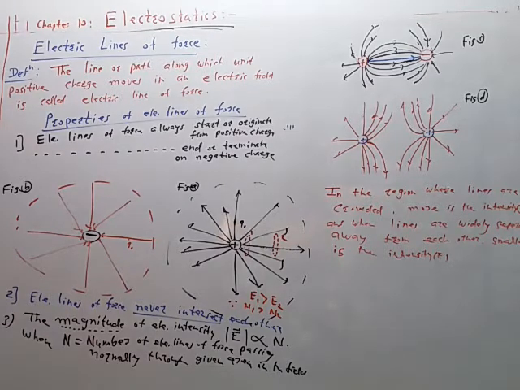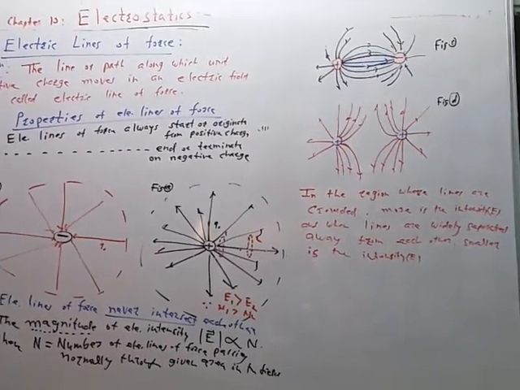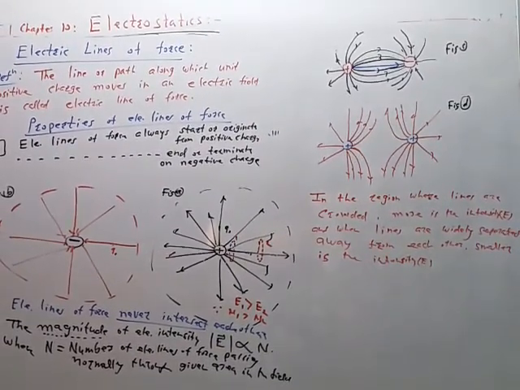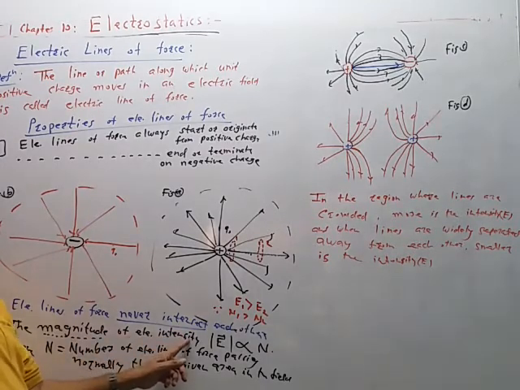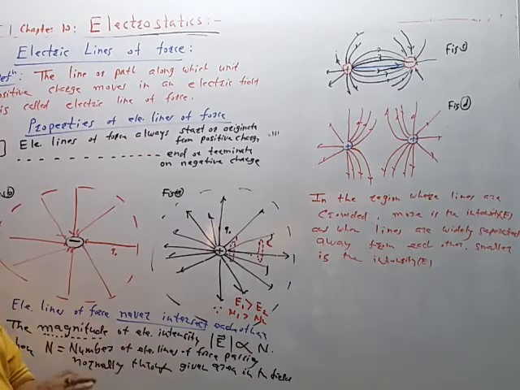The more the number, the more is the intensity. The smaller the number, the smaller is the intensity of the electric field. So in this way the magnitude of the electric intensity is given, only by counting n number of electric lines of forces passing through a given area.